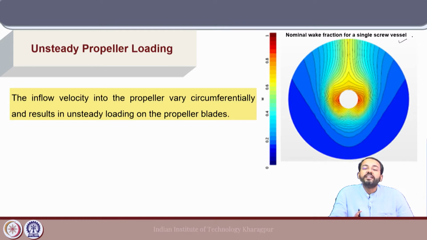That means the wake fraction without the presence of the propeller for a single screw vessel. The ranges marked in yellow and red are the regions of high wake fraction where the blockage effect is very high due to the presence of the hull, and the blue regions at the periphery are the regions where the wake fraction is close to 0.